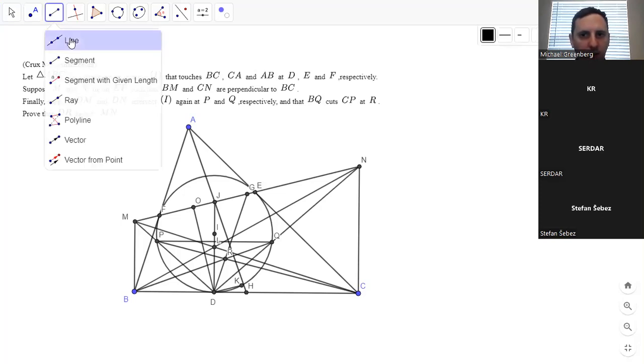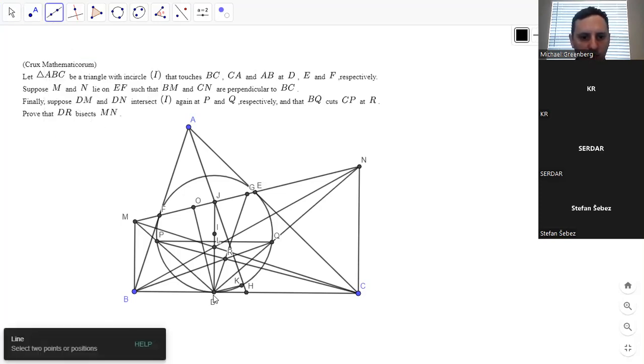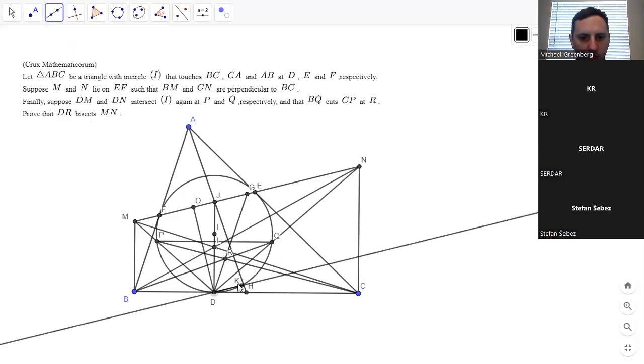Let me try something. I don't think there's anything special about this point.